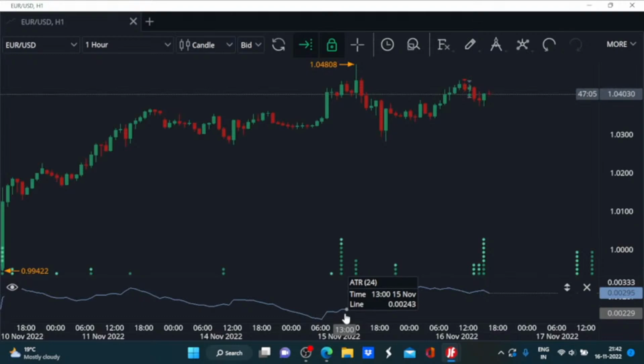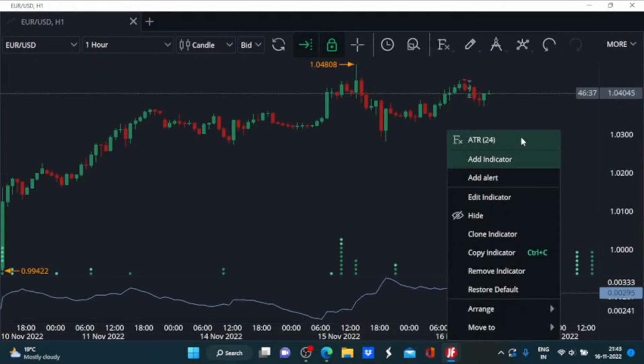So if you use a directional indicator and pair it with the ATR, if the ATR is also on the rise, and suppose for example the directional indicator is giving you a bullish indication, then in that kind of scenario you can go for the trade, and as and when the momentum starts to wane, we will have the ATR value declining again. So both these factors can be utilized to figure out the opportunities.